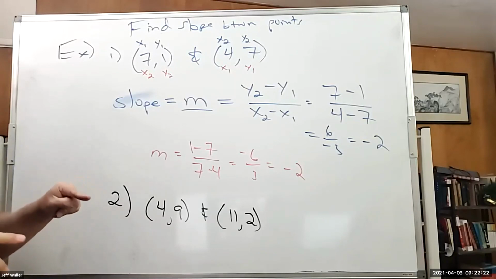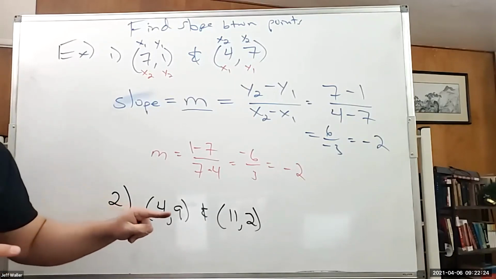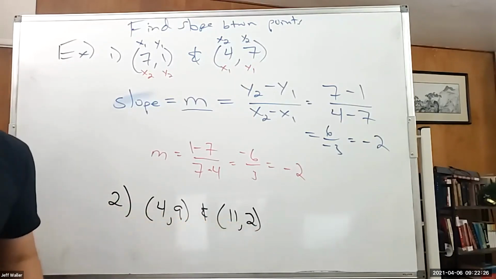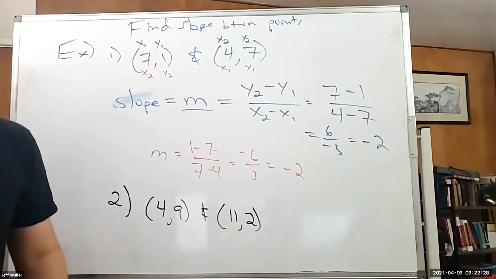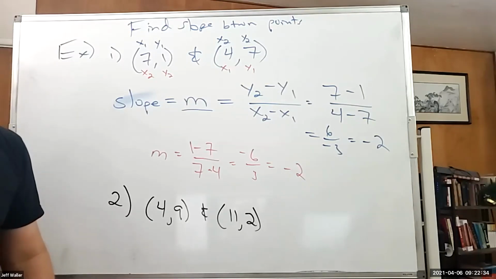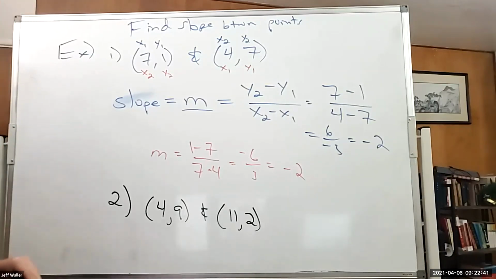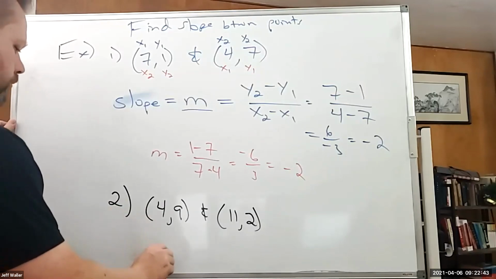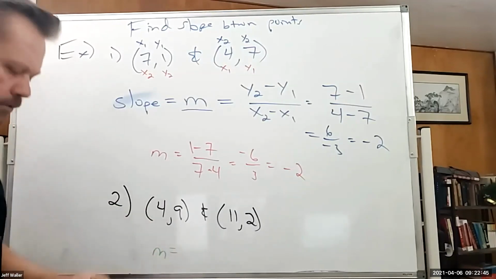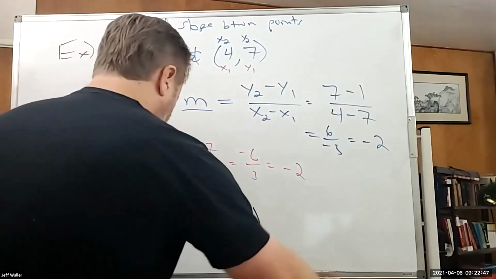All right, so now we're doing this. Figure out the slope between those. Is that too faint? Probably. Poor green.